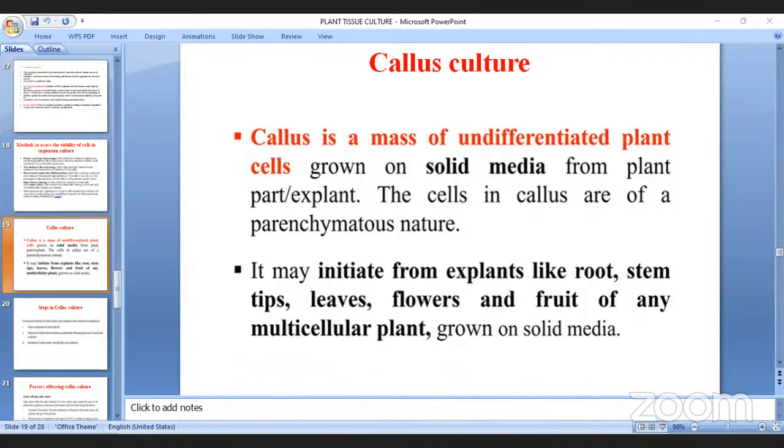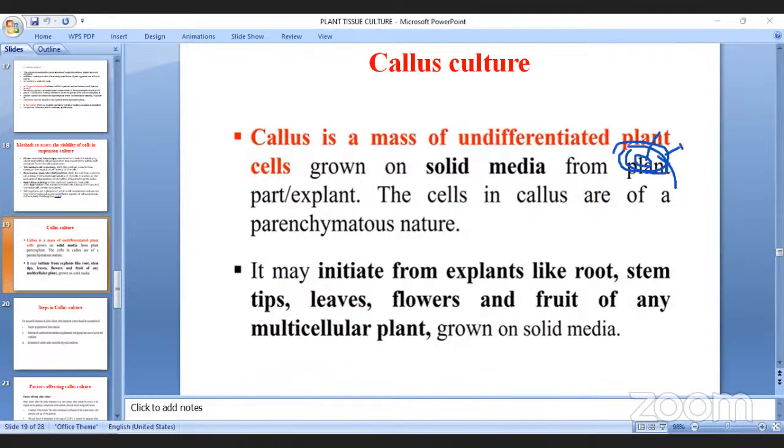Already in this petri dish, we have taken agar, and the agar embeds the protoplast. This is the protoplast, this is agar, this is the petri dish.